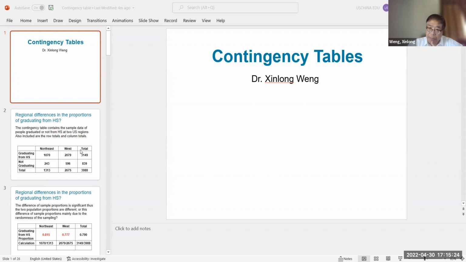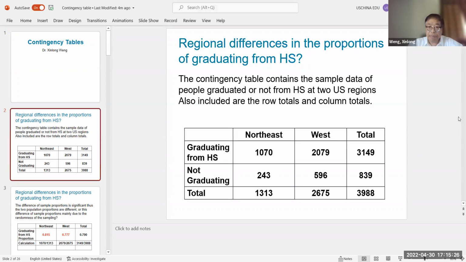I started with one example. Regional difference in the United States, right? See, the Northeast, where we are, compared to the West, like California.